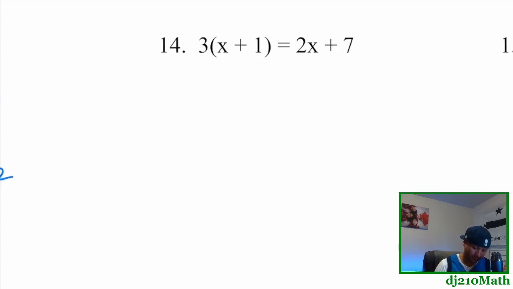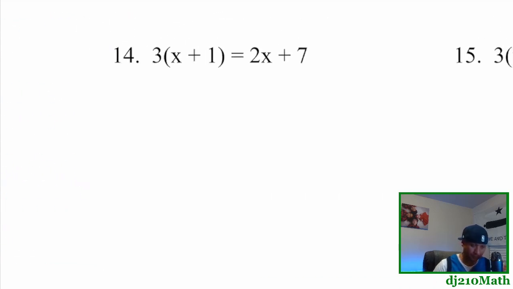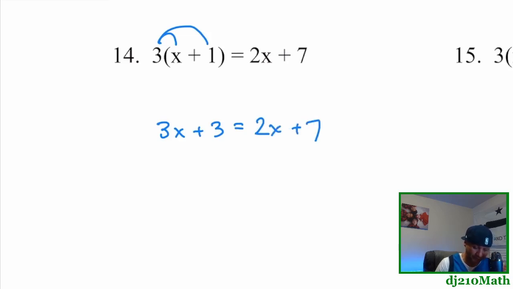All right, 14. 3 times x plus 1 equals 2x plus 7. So on the left, we're going to distribute. 3 times x is 3x. 3 times 1, positive 3, equals 2x plus 7.